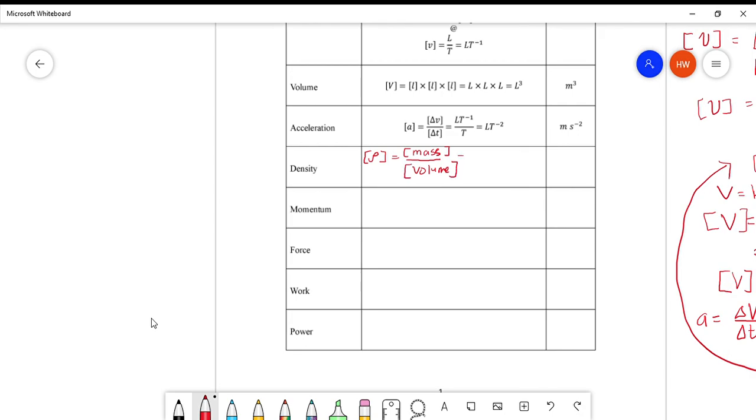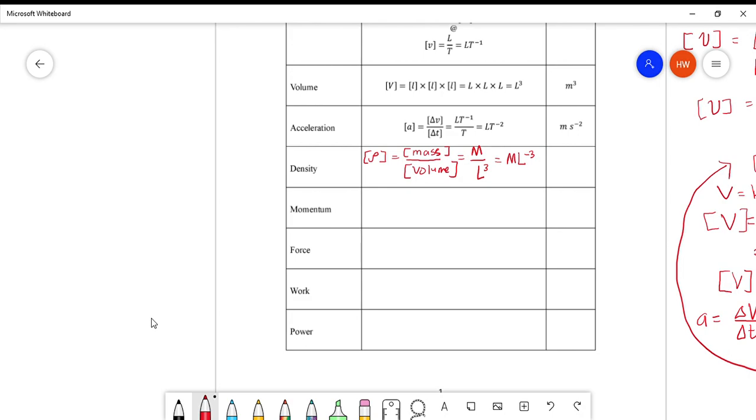The dimension of mass is capital M, and the dimension of volume we already solved here, which is L cubed. So we got the answer as ML negative 3.